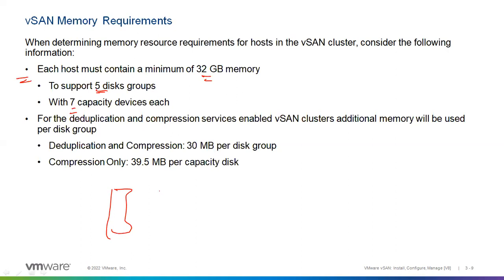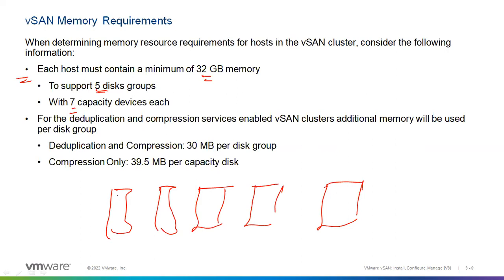Each host can carry a maximum of 5 disk groups. In each disk group, there will be one cache drive and the rest capacity drives, again 1 to 7, minimum 1, maximum 7. So this is my capacity. It means a total of 5 disk groups. Now I calculate the capacity drive size.